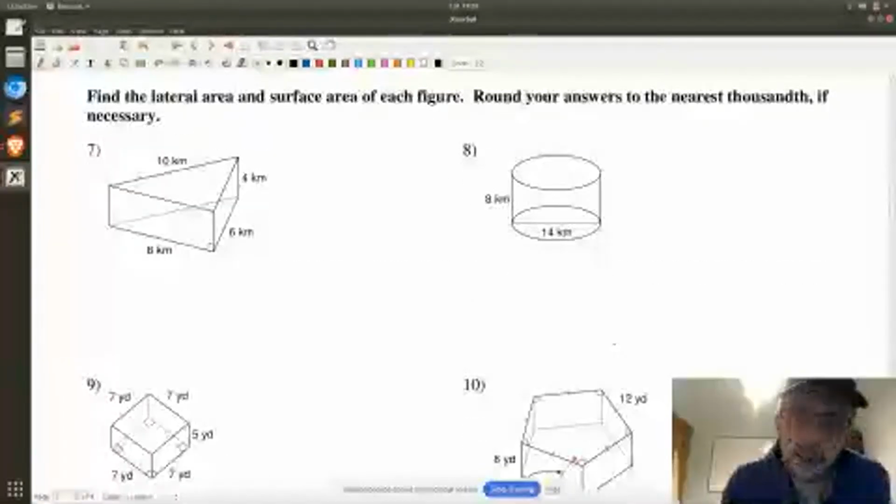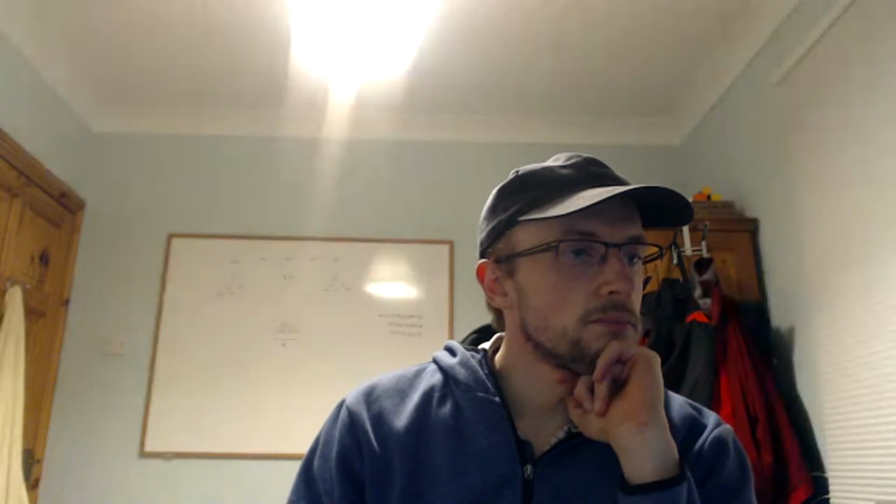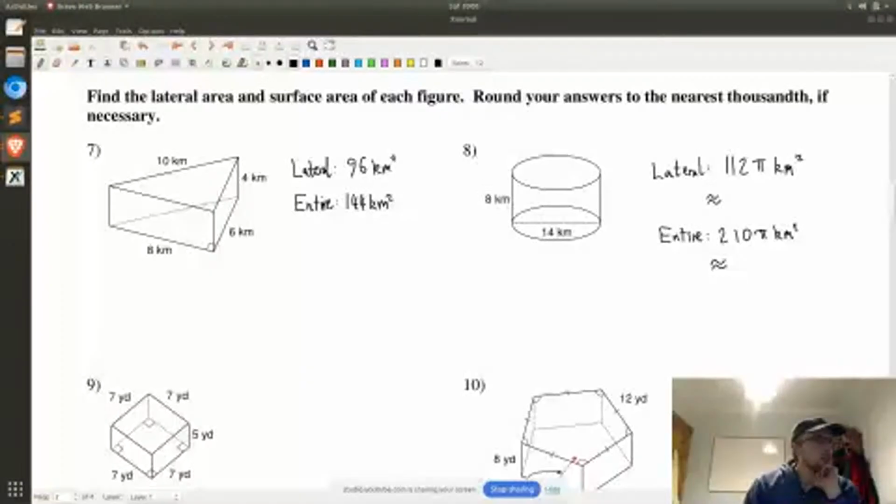Area and surface area of each figure. Okay, back. 112 pi.